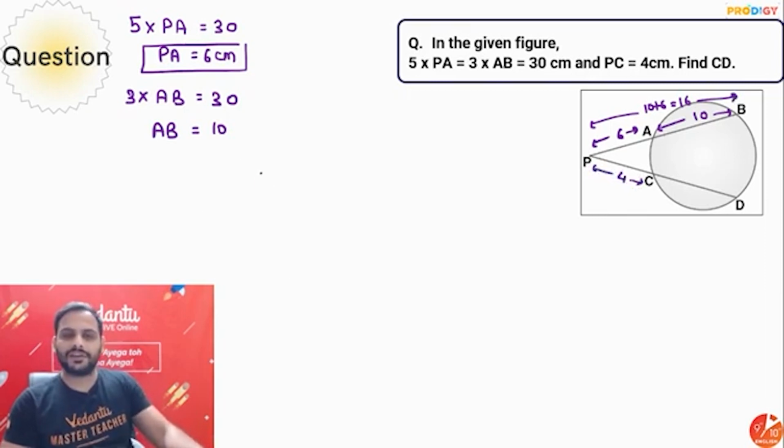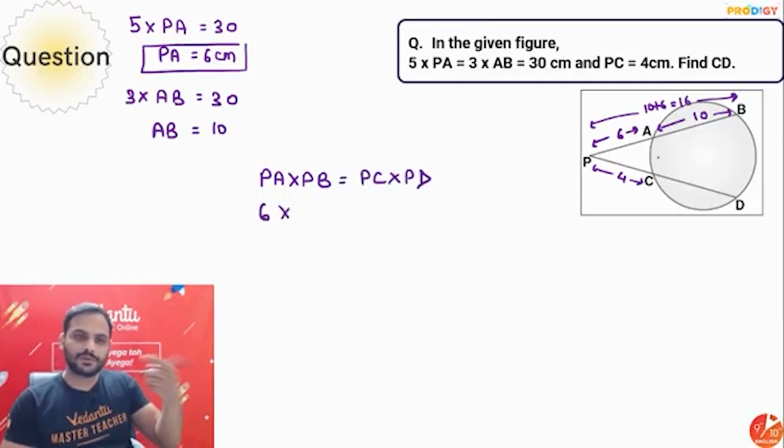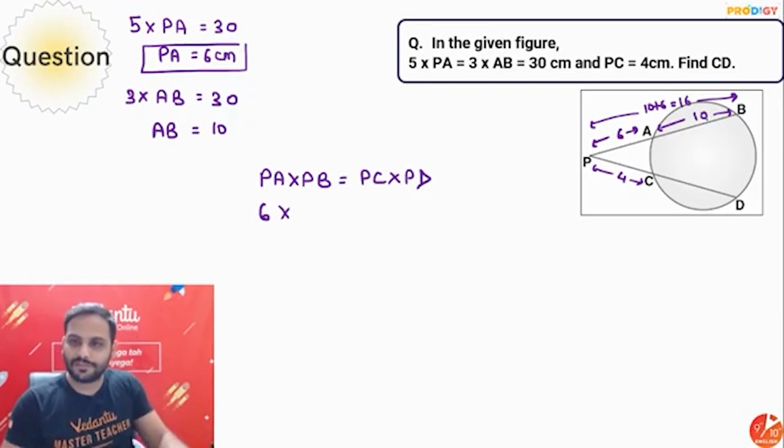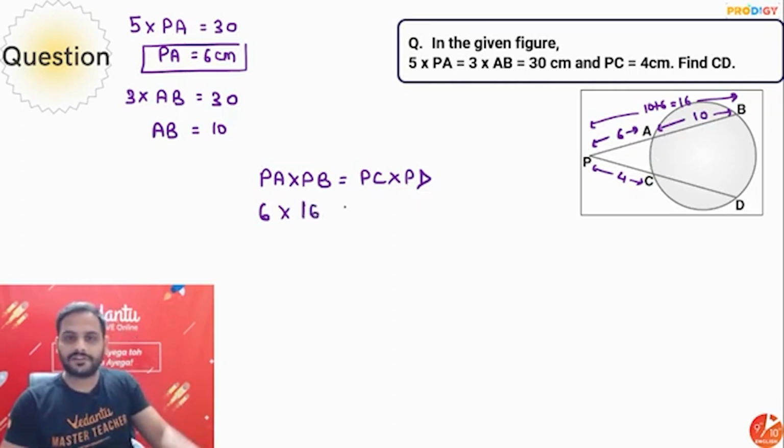Now I know that PA into PB is equal to PC into PD. PA is 6, and PB, many students take 10, but that is a common mistake. Don't take 10, it is PB, the length of the complete secant, 10 plus 6, 16, equal to PC's 4 into PD.